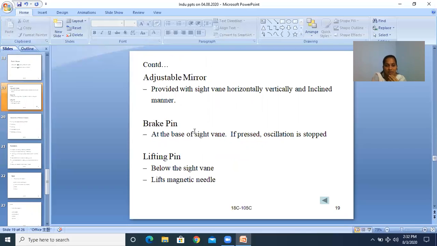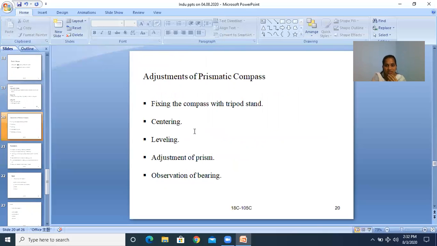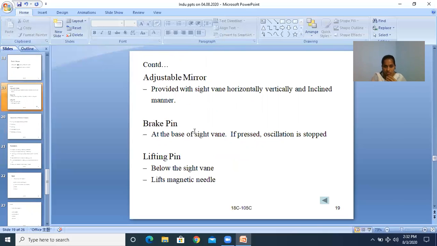And then the lifting pin. Below the sight vane or eye vane, a lifting pin for the magnetic needle is provided. To stop the wear and tear of the pivot or prism, we can use the lifting pin. So that is the brake pin and lifting pin.